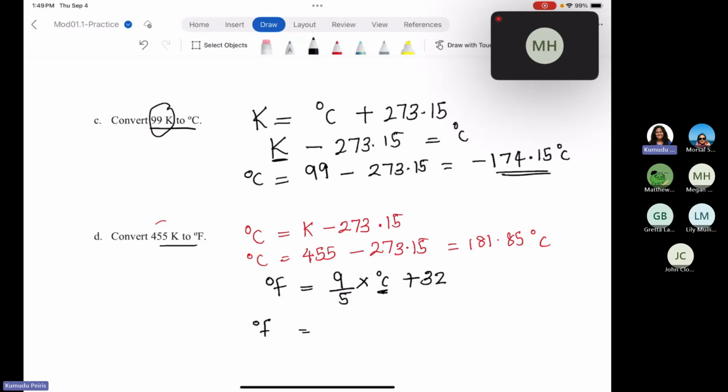That will be 9 divided by 5 times 181.85 plus 32, and that will be equal to 359 Fahrenheit. Right. Questions? Yes, you will be given the units and the conversions.